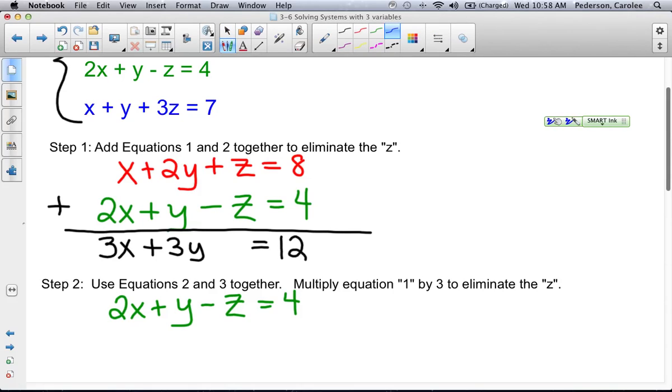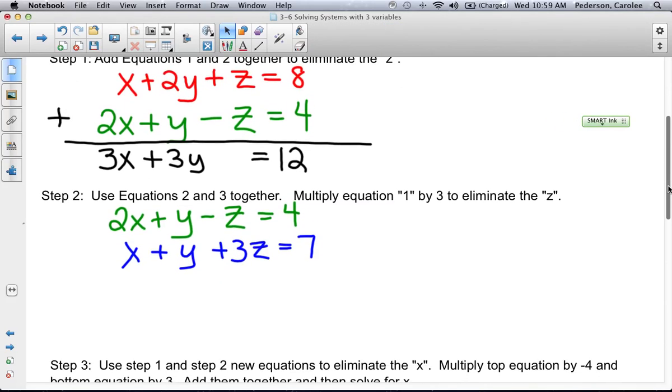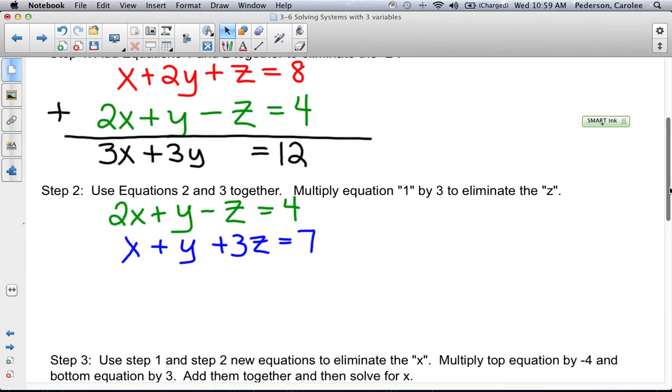And then the blue equation is x plus y plus 3z equals 7. Now if I were to add the two equations together as they are, the z's will not cancel out. So I have to maybe change one or two of the equations.